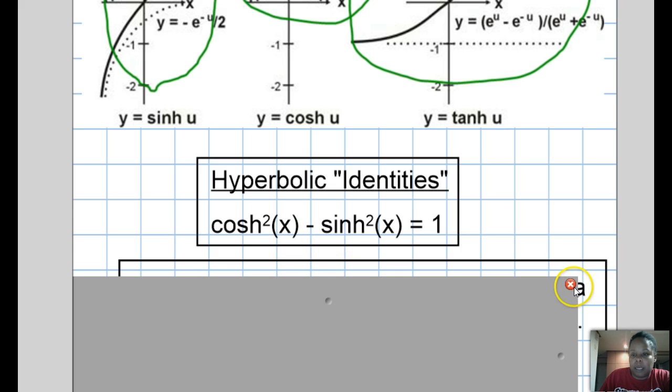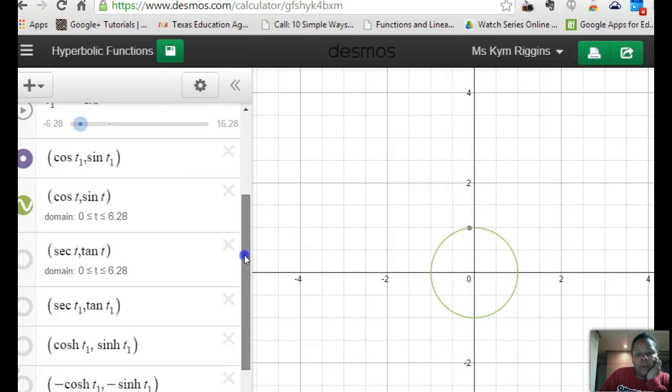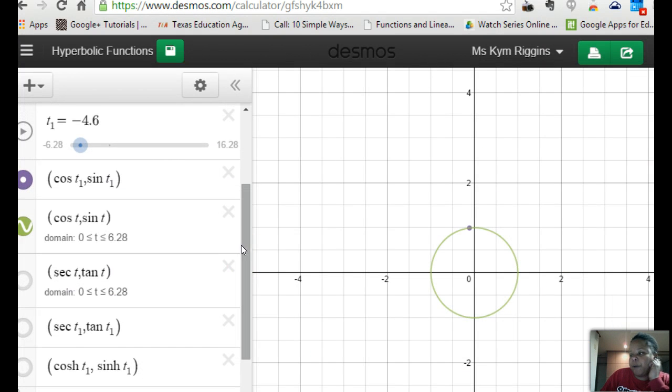So let's take a look at why they're related to sine and cosine, and why we call them hyperbolic cosine and hyperbolic sine. Well, if you remember, a way to parameterize a circle is using the relationship between cosine and sine. As t changes, the x and y values of this function also change. And we use cosine and sine to parameterize this circle.